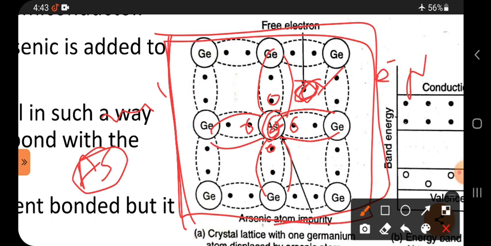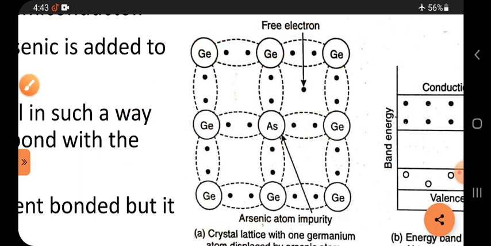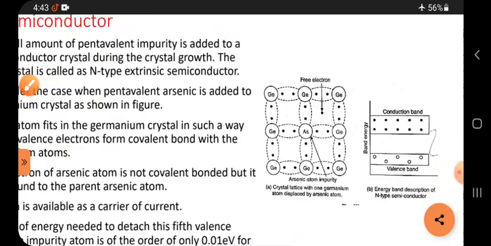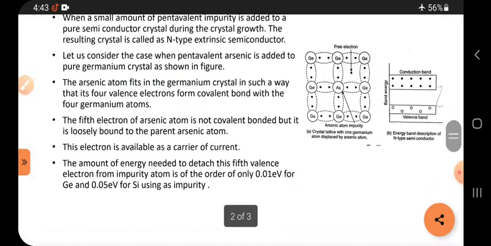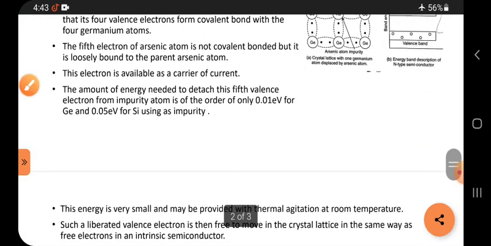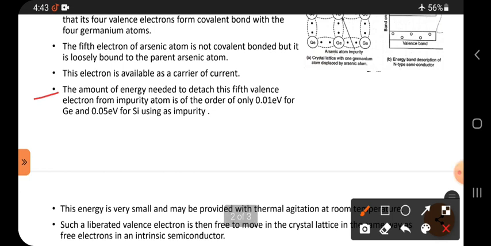Okay friends, so like this. Okay, let me explain on the board. The amount of energy needed to detach this fifth valency electron from the impurity atom is of the order of 0.01 electron volt for germanium and 0.05 electron volt for silicon used as impurity.